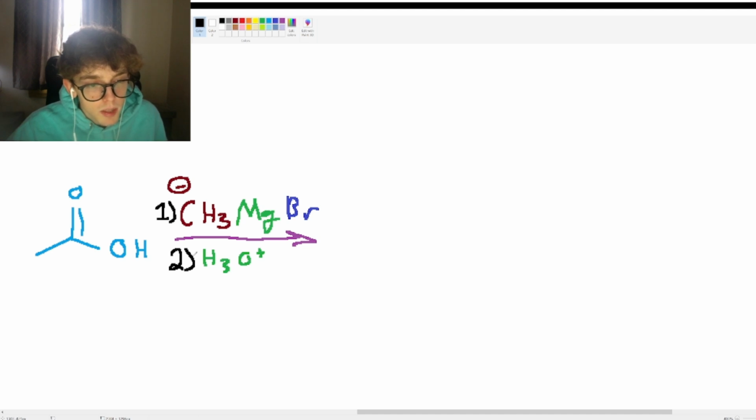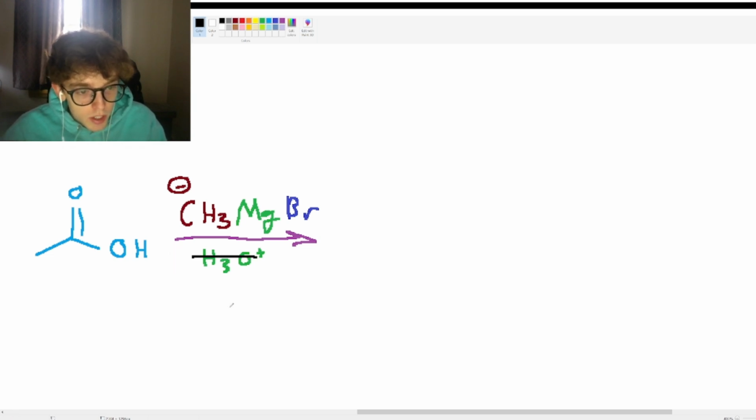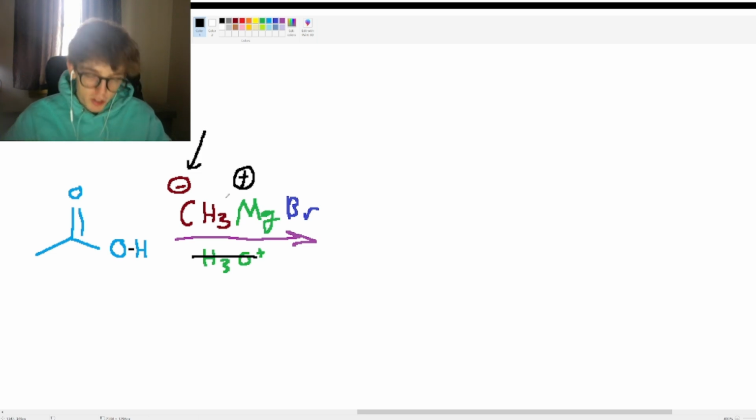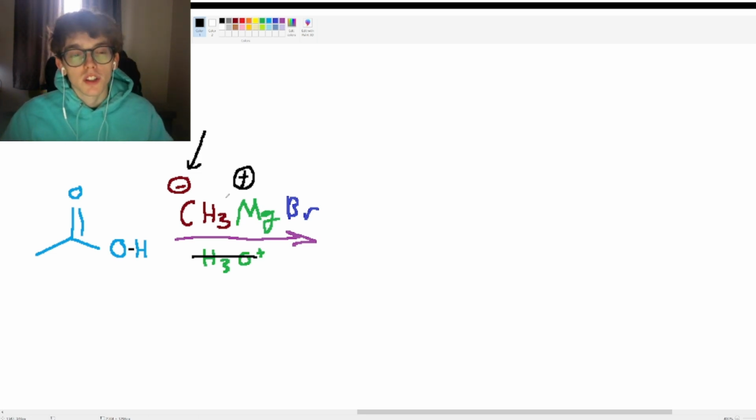So, step 1 and 2. Problem is, you're never going to get to step 2. So let's just cross that out. If you have a carboxylic acid, remember what this species is here, the Grignard reagent. This basically has a negative charge, and we know carbon with a negative charge is going to be so sad with that negative charge compared to either nitrogen or oxygen or a halogen, given that it's going to just attach, right?